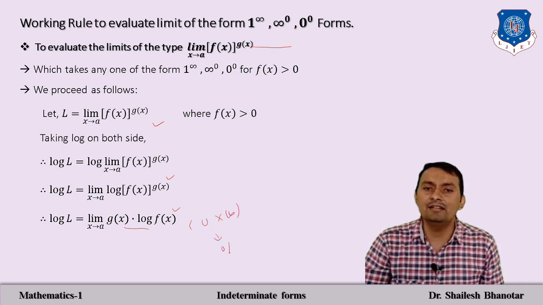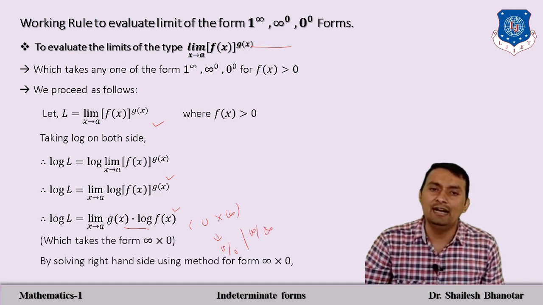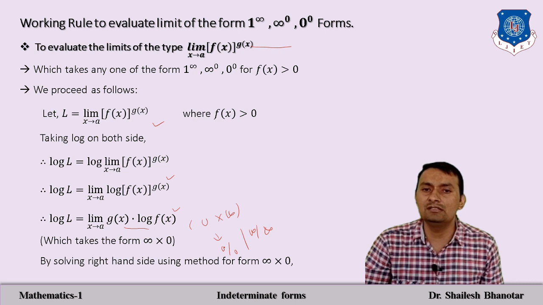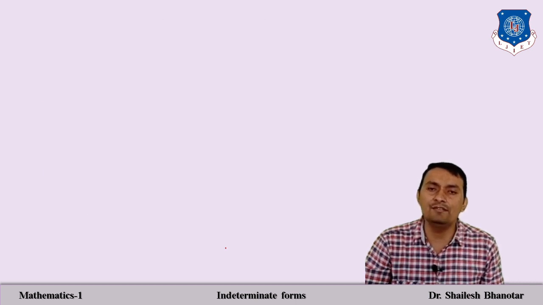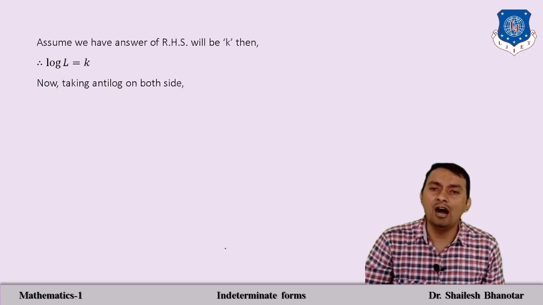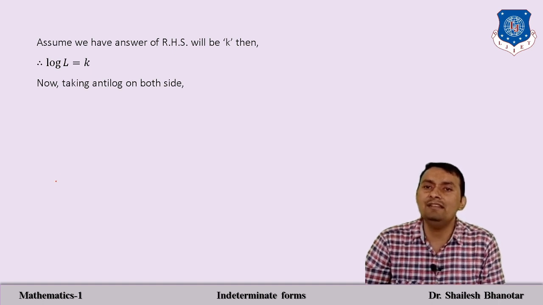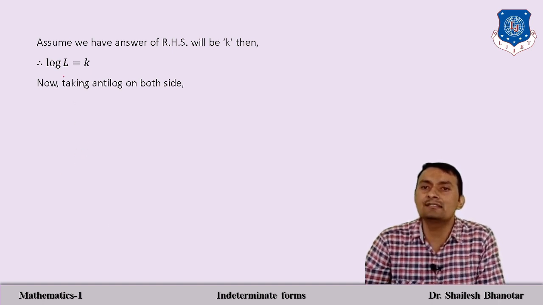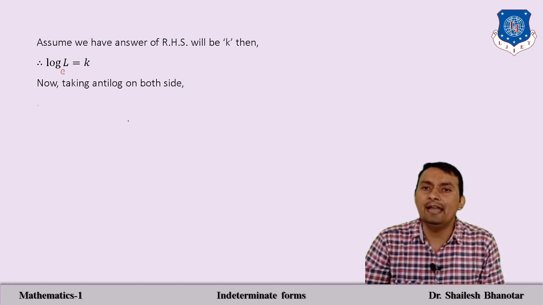In that case we try to convert it into 0 by 0, otherwise infinite by infinite forms, and after that we are able to apply the L'Hopital rule, and that gives ln L, otherwise log L, equal to k. But whenever we consider log, keep in mind that the base is e. So after taking the antilog, you will get L is equal to e raised to k.